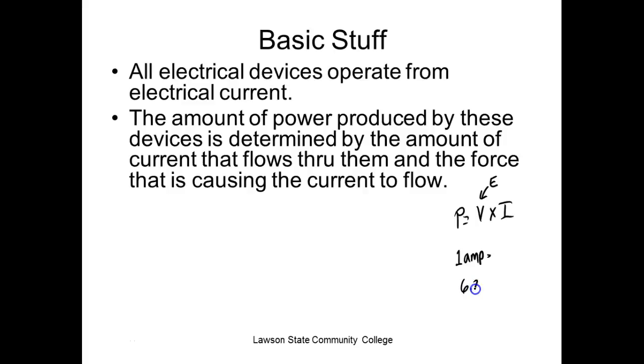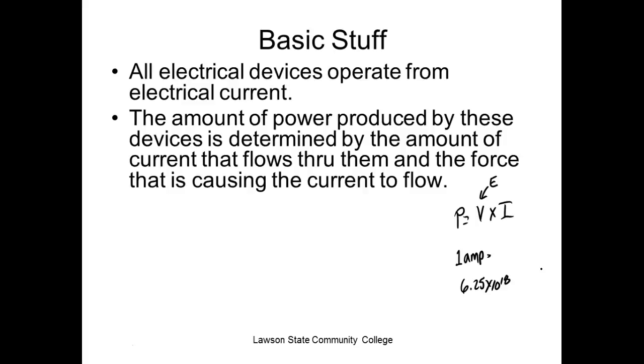Roughly 6.25 times 10 to the 18th electrons moving past a point in 1 second. I don't know how they came up with that number, but it works out. So that's speed, right? You understand that? So force times speed. So when we specify 2 amps, we're specifying a speed.